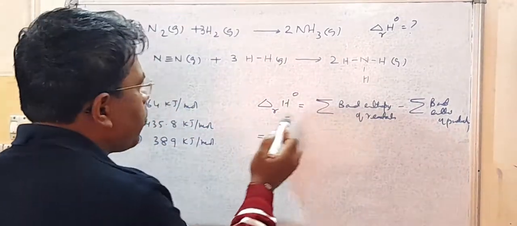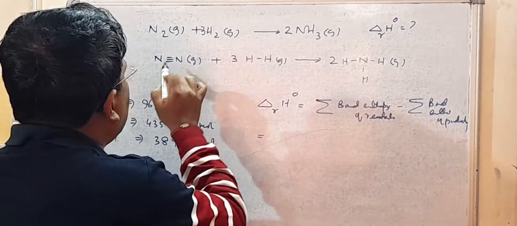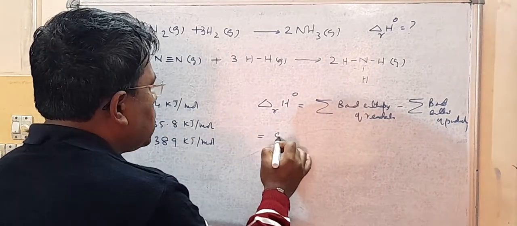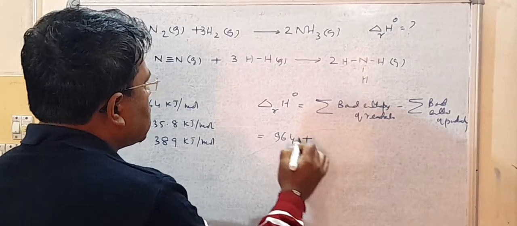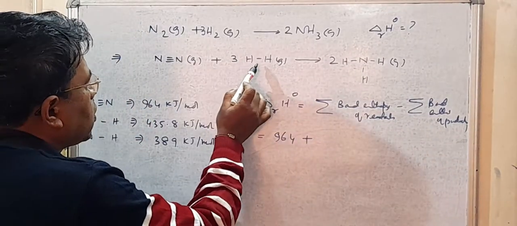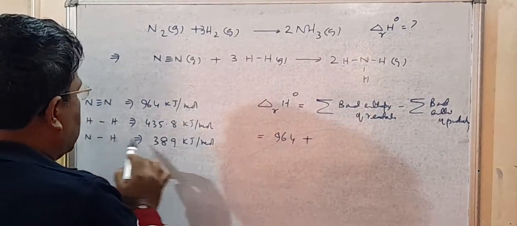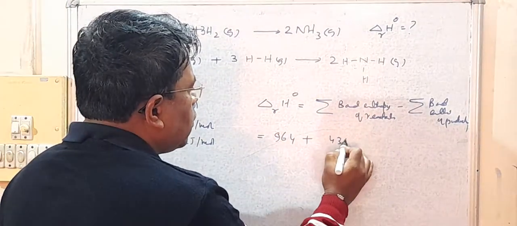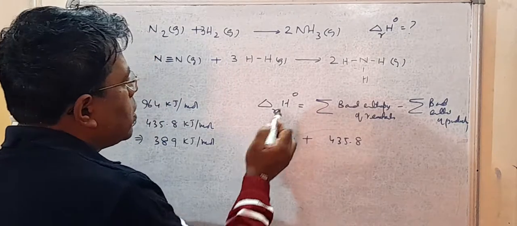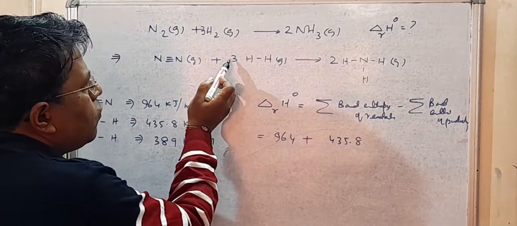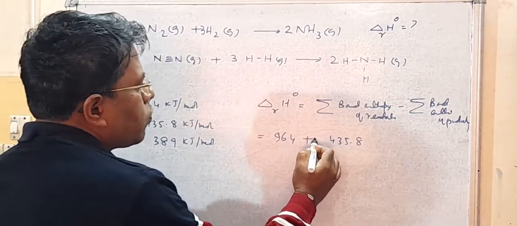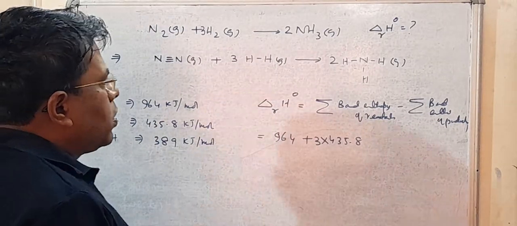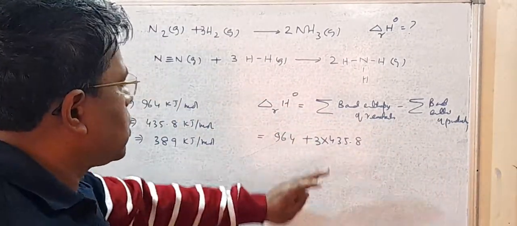So for the reactants, we have nitrogen triple bond, so here we have to write 946 plus then hydrogen it is 435.8. Now since here 3 is the coefficient, this value we have to multiply by 3. So we have written it for the reactants.